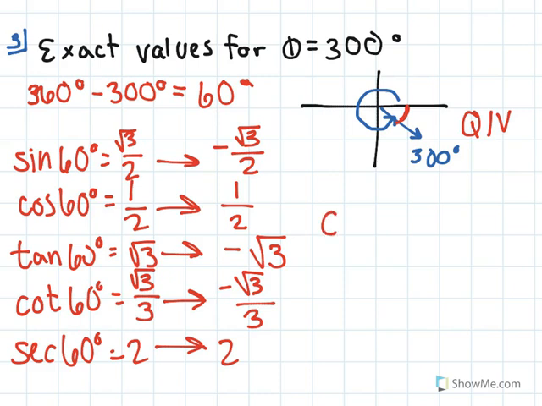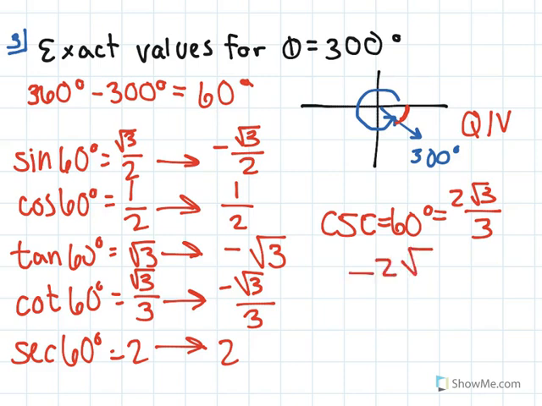And finally, for cosecant of 60 degrees, that's equal to 2 root 3 over 3. But since we're in quadrant 4 and 60 degrees is just our reference angle, our final answer would be negative 2 root 3 over 3.